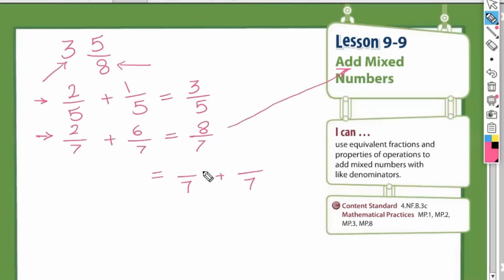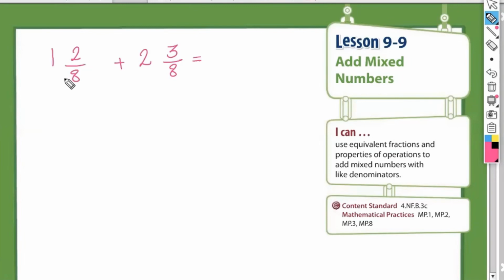But listen, we have to decompose it into a mixed number, so I have to put a whole part here. I will put 7 here and 1 here. 8 out of 7 equals 7 out of 7 plus 1 out of 7, which equals 1 plus 1 out of 7, which equals 1 and 1 out of 7.